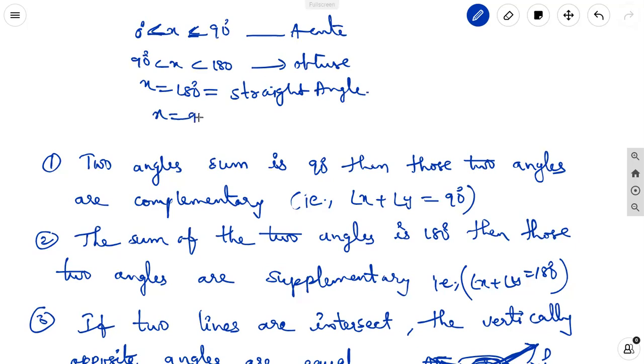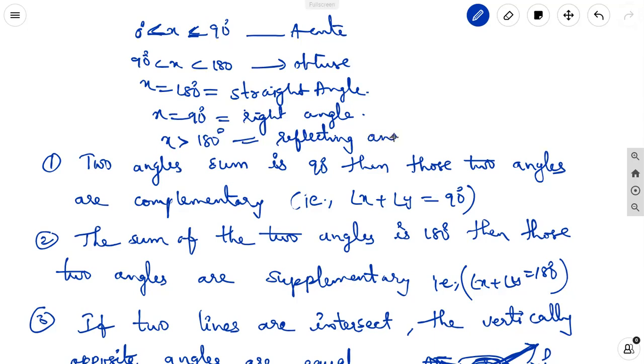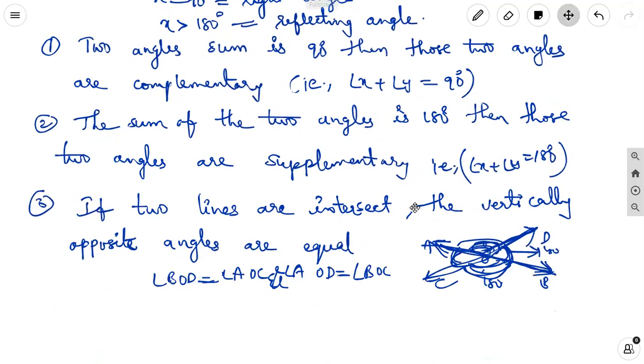X equal to 90 degrees is a right angle. X greater than 180 degrees is a reflex angle, or reflecting angle. Okay, these are the basic concepts.